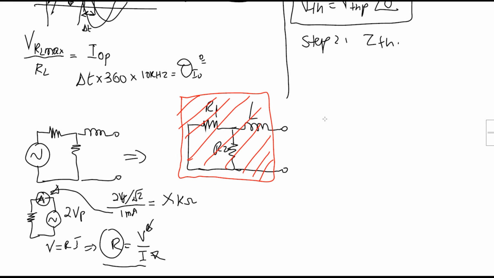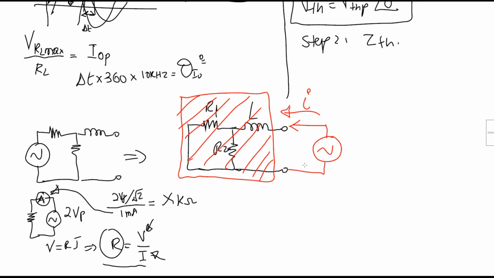To find out, we supply it with an AC source. Since we don't know, we absolutely have to use AC. We don't use DC here, so AC only. That AC will supply a current this way, say I. That current will circulate inside this box.